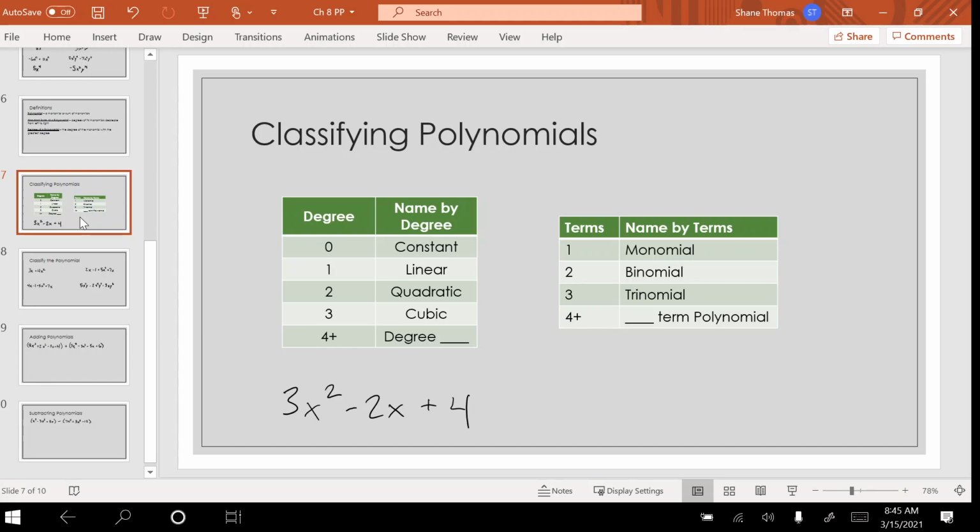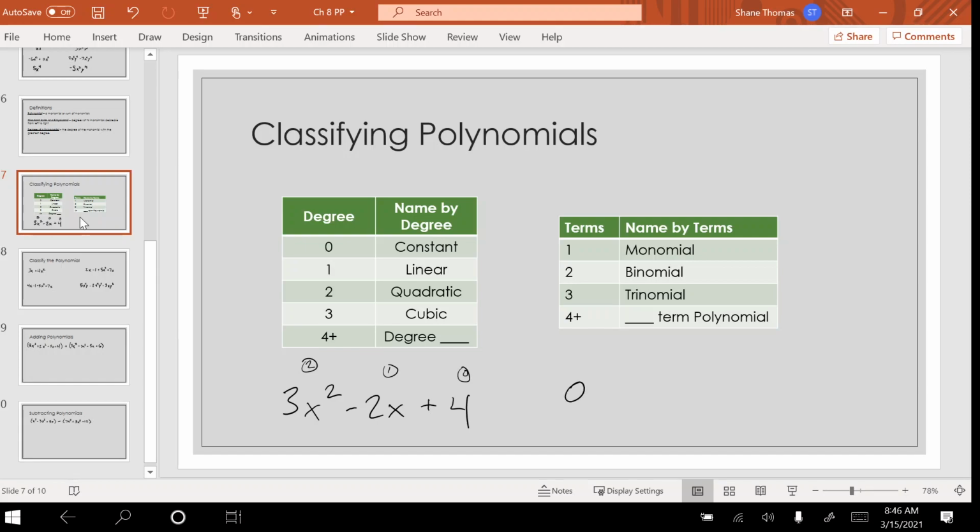What's the degree of 3x squared? 2. That's whatever the power is. What's the degree of the next term? 1. What's the degree of the last term? 0. What's the biggest degree? 2. 2 is the biggest degree.